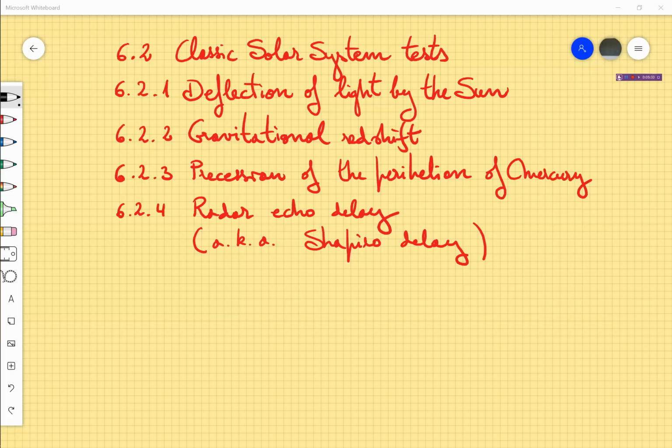In that section, I have followed the book by Eric Poisson and Clifford Will, which is an excellent book that I recommend you, which is a book specialized in approximate solutions to general relativity. And that's the approach that we are going to follow. We will study all these effects, but in that framework.